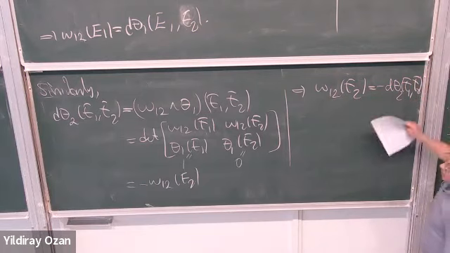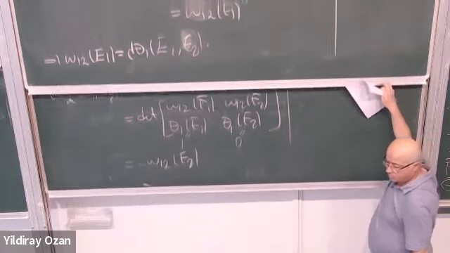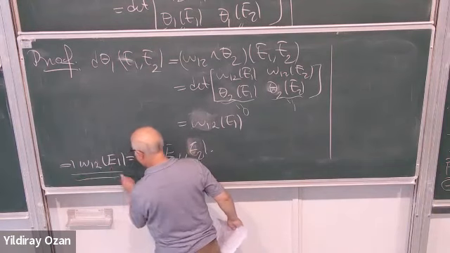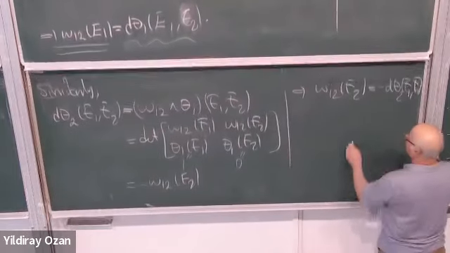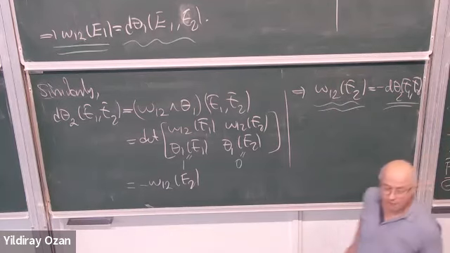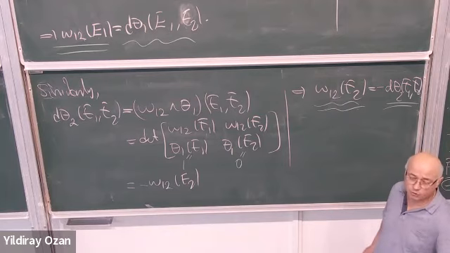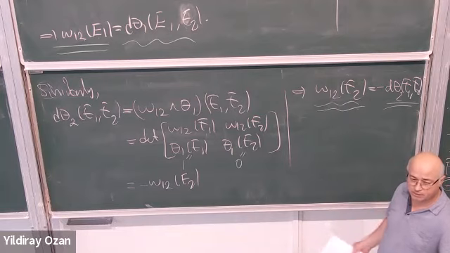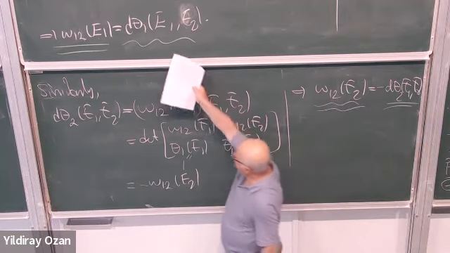So you see, I have this one-form, and the value of this one-form on this vector is this number, and on the second basis vector of the tangent space, it is this one. Well, any linear form is determined by its values on a basis. And E1 and E2 form a basis for the tangent space. Therefore, W12 is determined with these values.